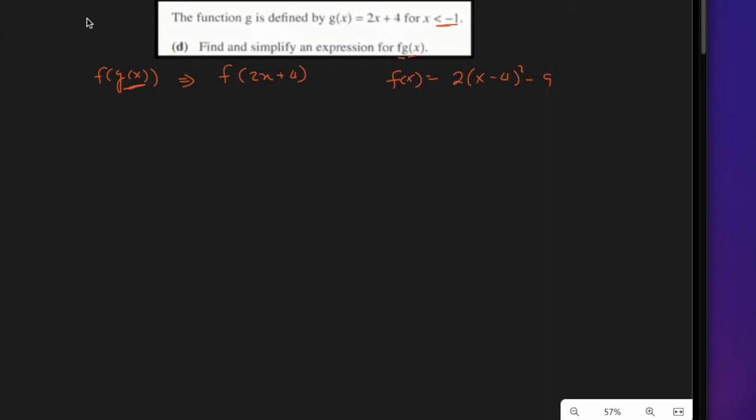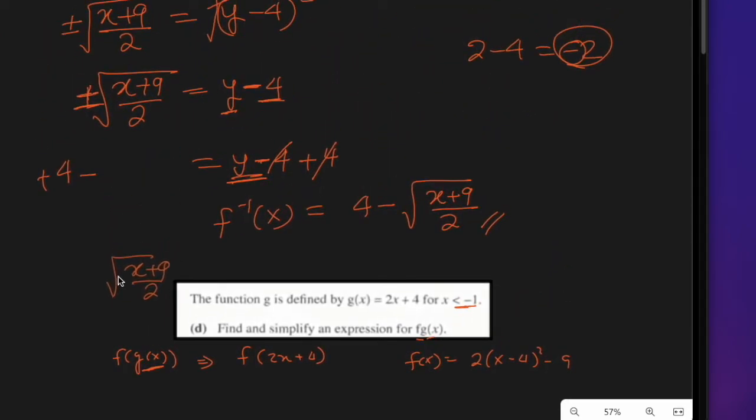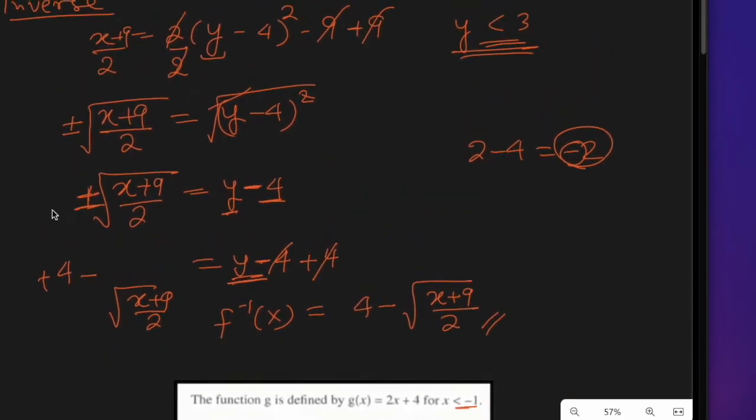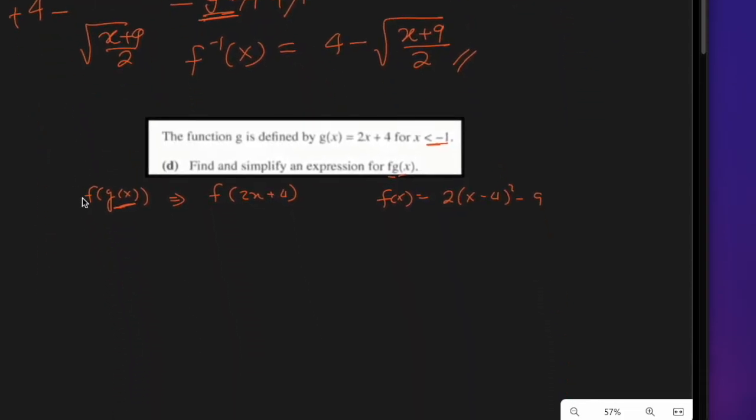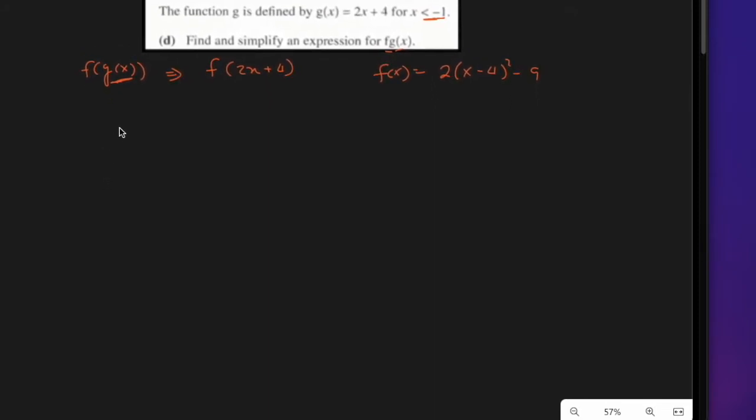As far as I remember, let me confirm. (x minus 4) squared minus 9. Yeah, that was the one. Okay. So now we have to substitute this value of g(x) inside this one. So we will write f(2x plus 4) will be 2, and in place of this x, we will write 2x plus 4. 2(2x plus 4 minus 4) squared minus 9.